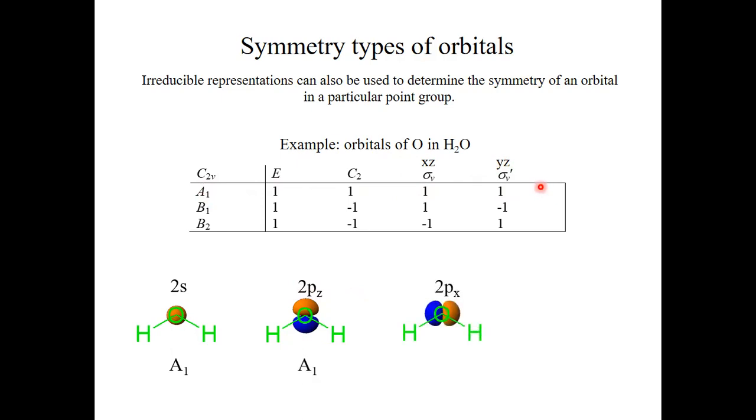So now let's go from the 2pz orbital to the 2px orbital. So will the identity change anything? The answer is, well, the identity never changes anything. Will the C2 change anything now? And the answer is yes.